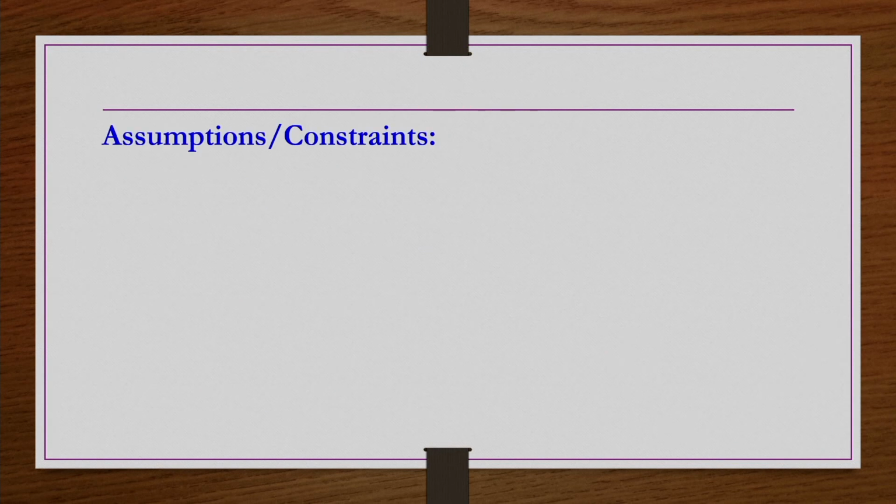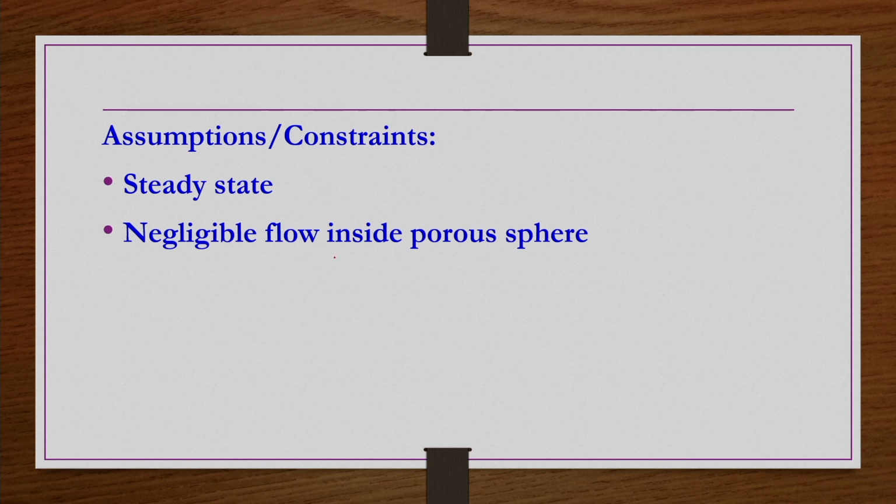So, assumptions and constraints: steady state problem we are taking, negligible flow inside the porous sphere, so that we can take only conduction in general. Because inside the porous structure of the catalyst pellet, in general these reactants, whether gases or liquids, move from one location to another primarily because of diffusion, and under such conditions the bulk motion is very small, negligible, so that we can take only conduction heat transfer here.